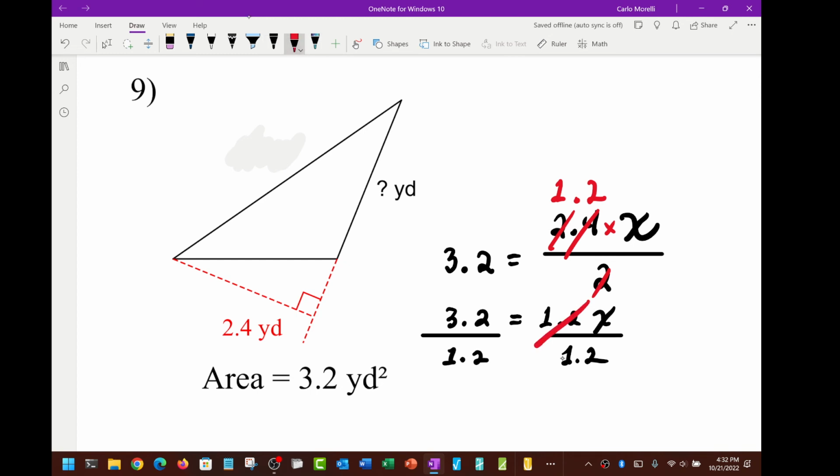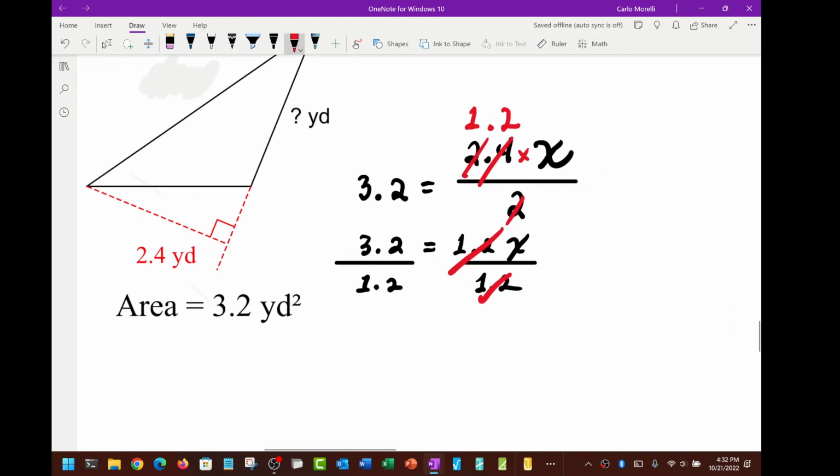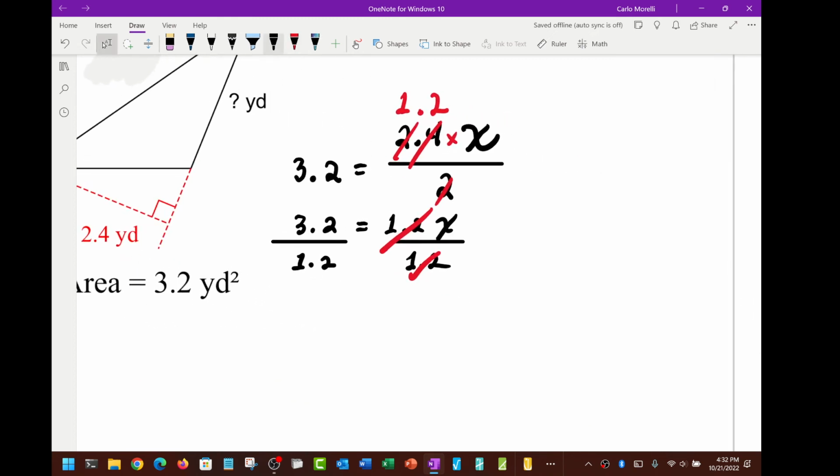And our favorite thing to do is cancel. So cancel, cancel. And now we're going to take the time and write out 3.2 equals 3 2/10, which is 3 1/5.